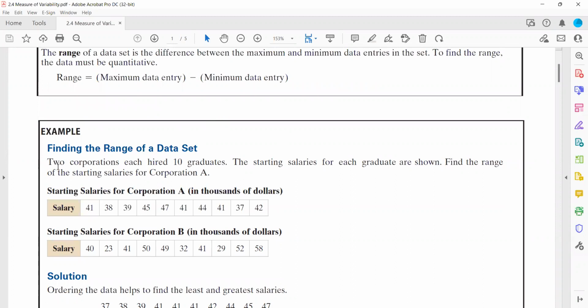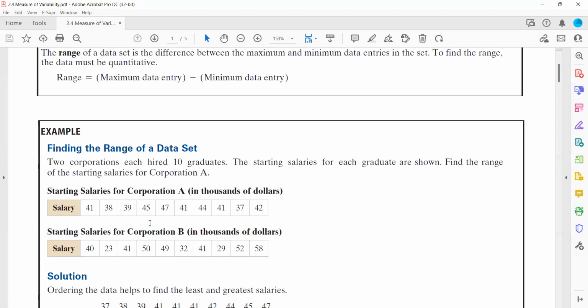The question says, hey, you have two corporations, each hired 10 graduates. The starting salaries for each graduate are shown below for the first corporation and for the second corporation. Let us find the average salary and also the measure of variability for each one of these two companies.